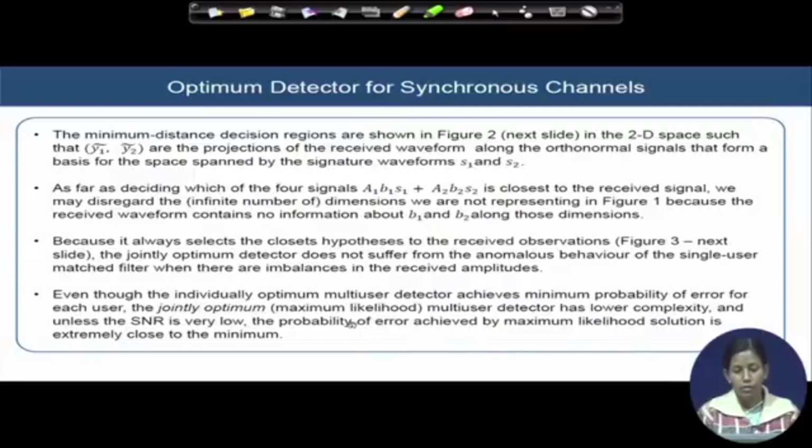And so we will see at one point that the individually optimum multi-user and the jointly optimum detection processes both try to converge at a point.